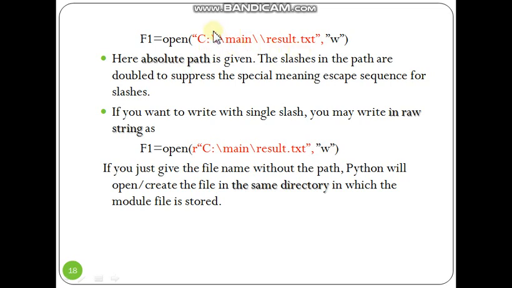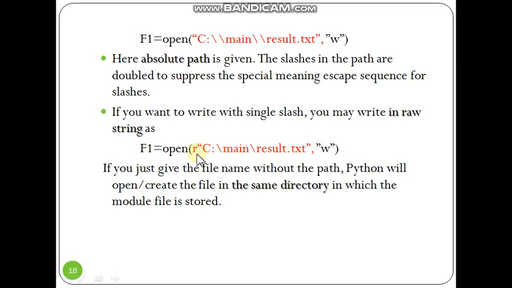But notice, we have used a double slash here. This is to suppress the special meaning of the escape sequence. A slash followed by t, and others like it, have special meanings. To suppress this meaning, we have used a double slash. If you want to give a single slash, that's also possible.